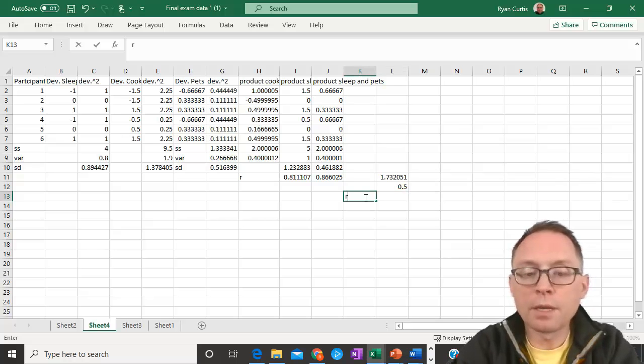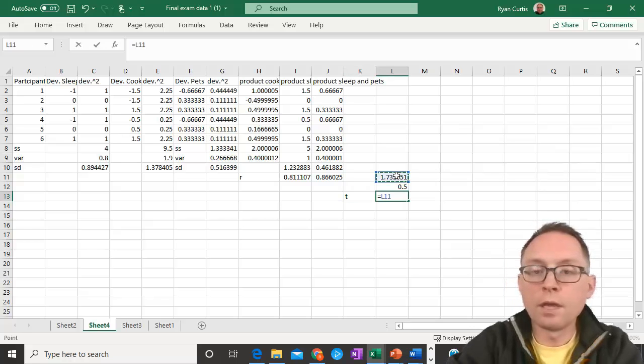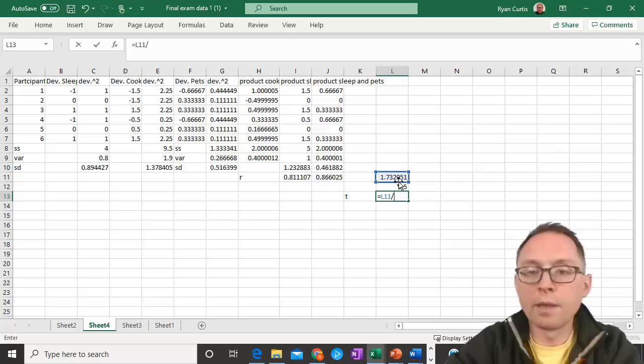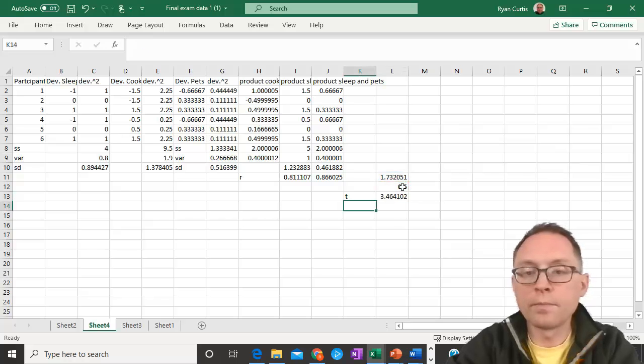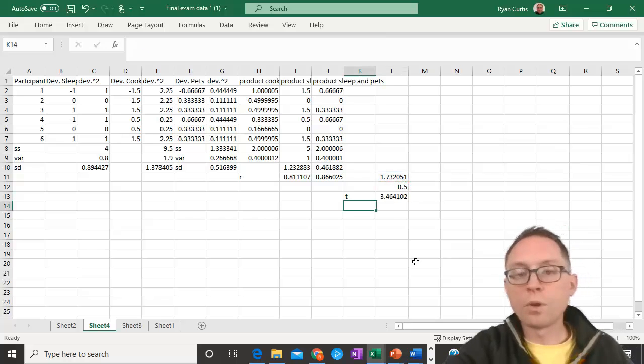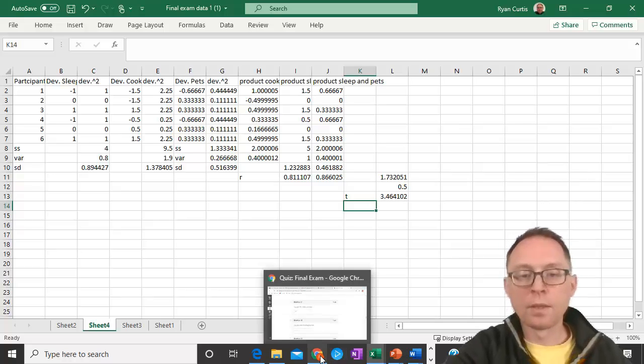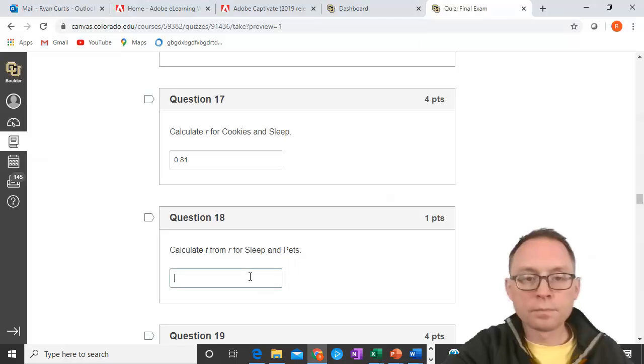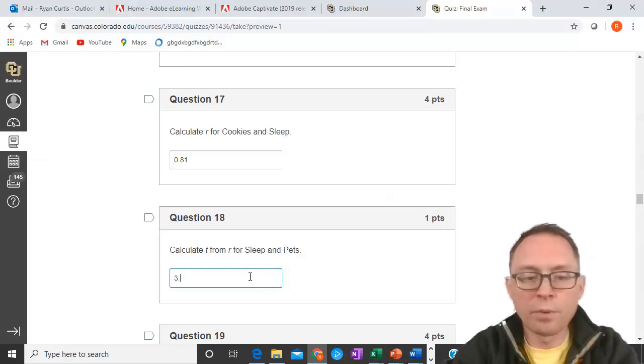Then that means that our t is going to be this divided by this. 3.46. 3.46 is our t.